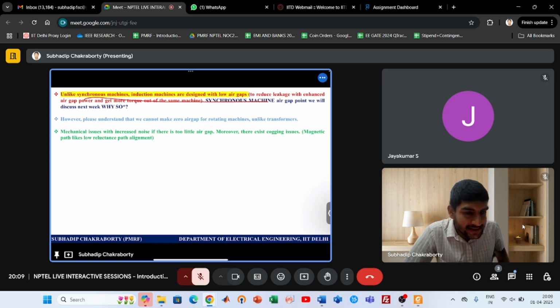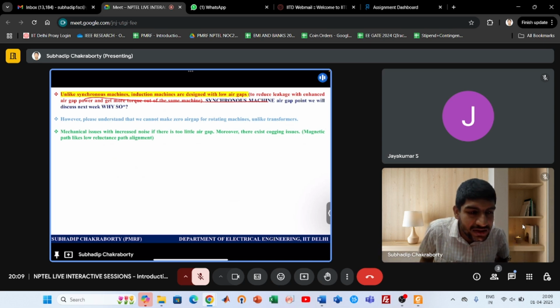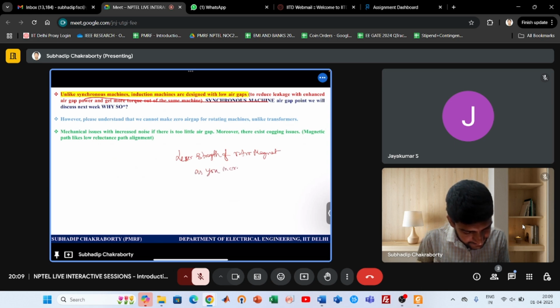So with less linkage flux, less mutual flux being linked and more flux getting leaked, the magnet strength of the rotor will reduce as you increase the air gap.